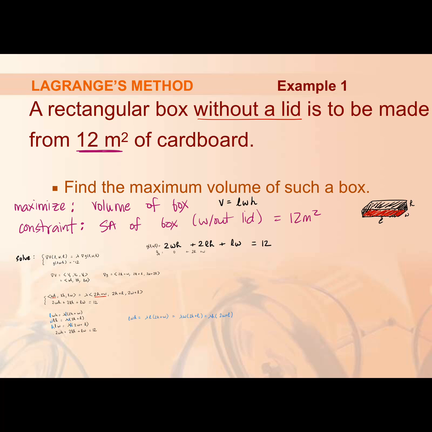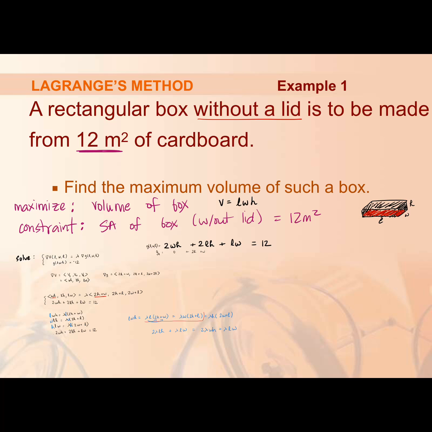Okay, so let's just expand this. I have 2 lambda LH plus lambda LW is equal to 2 lambda WH plus lambda LW.